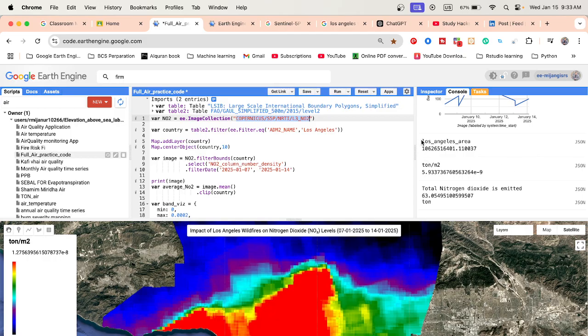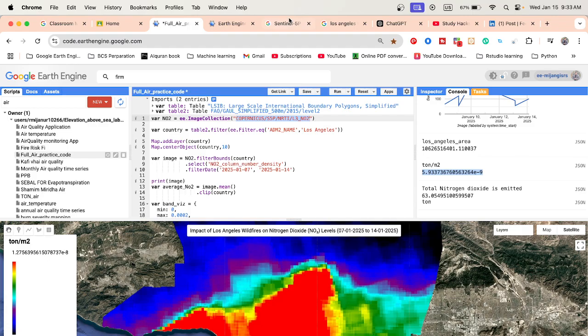First of all, for the Los Angeles area, we calculate the total area of Los Angeles, and then the per meter square average concentration, which is the average concentration per pixel area.